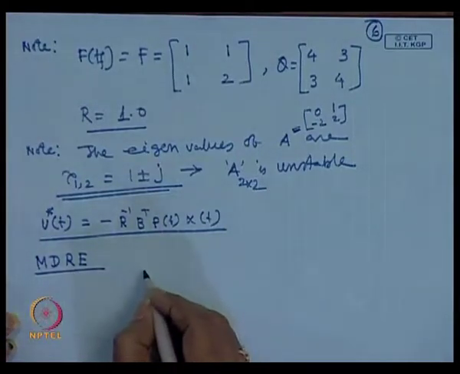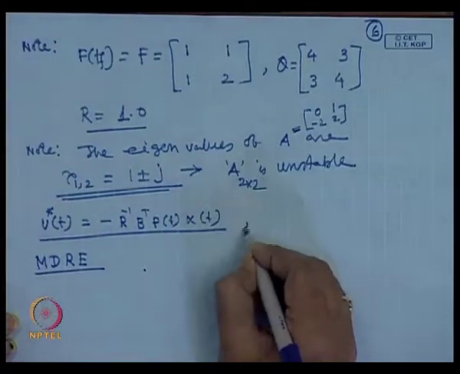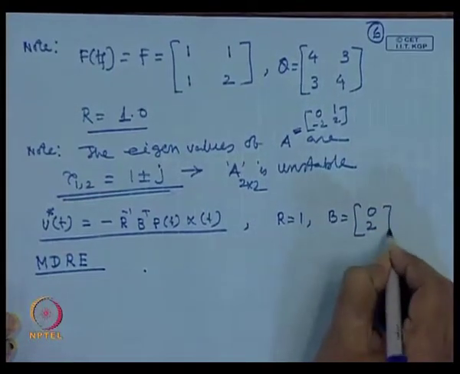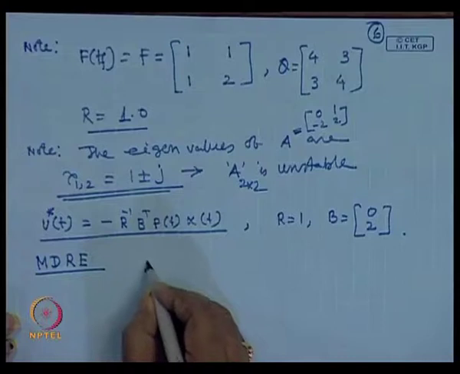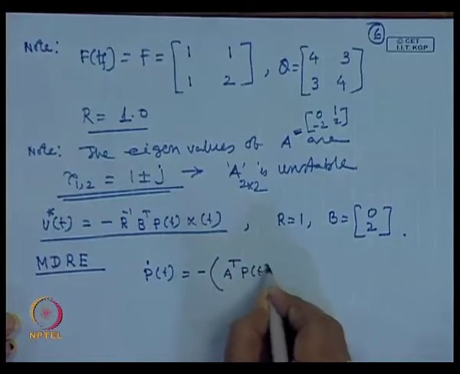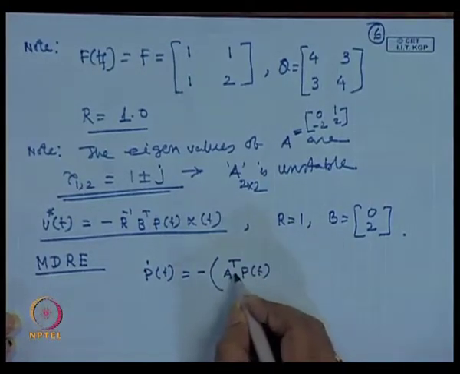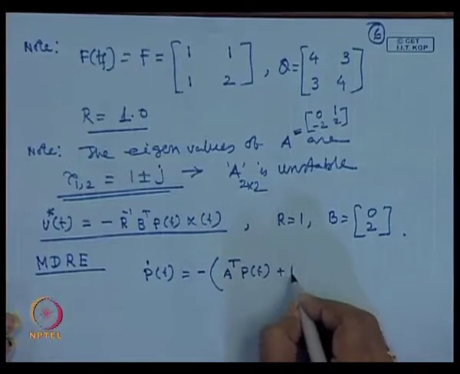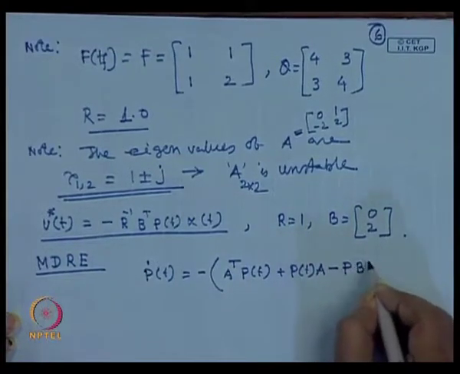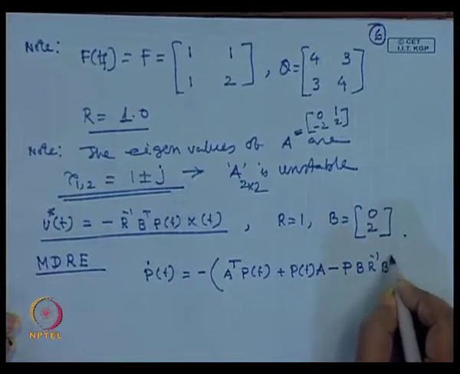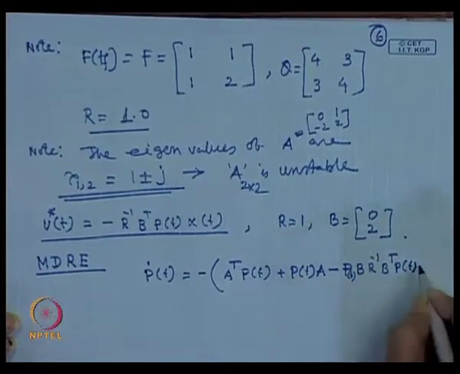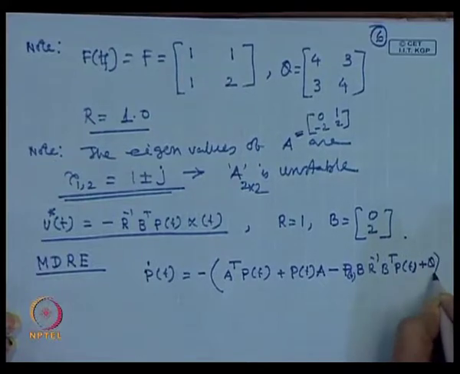So, what is that equation? If you see this equation, our R is equal to 1, B is equal to [0; 2], and our Riccati equation is P dot of t equal to minus A transpose P of t, because our A is a constant matrix, so we omit the symbol A of t, minus P A plus P B R inverse B transpose P of t, where P is a function of t, plus Q. Agree.